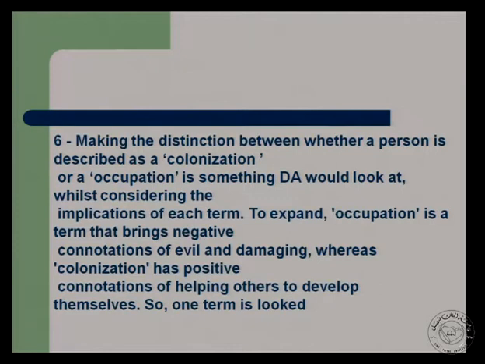As an Arab, as a Jordanian, I might write the word occupation to describe the existence of those people at that time.